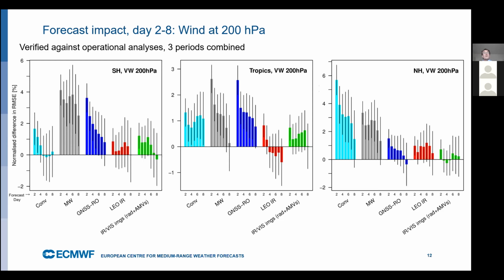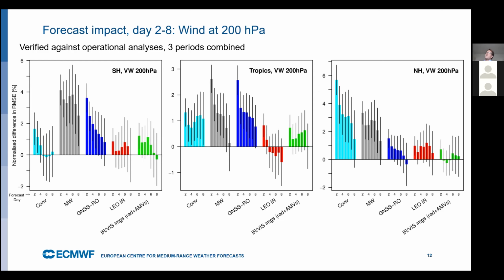In particular, in the southern hemisphere, you can see that RO at 200 hectopascals is having quite a significant impact on the wind vector errors. This impact is statistically significant, certainly to about day 4, marginal at day 6, and not quite statistically significant at day 8. But it's a fairly decent impact. We also see a good impact in these wind vectors at 200 hectopascals in the tropics.